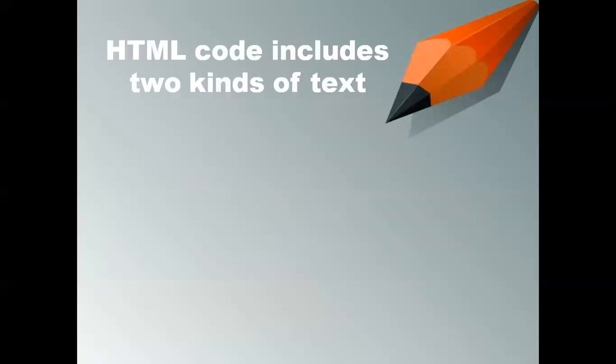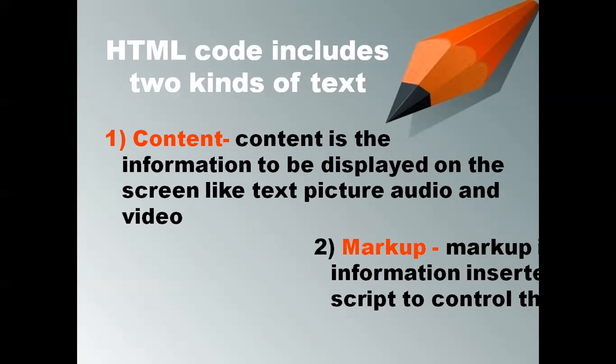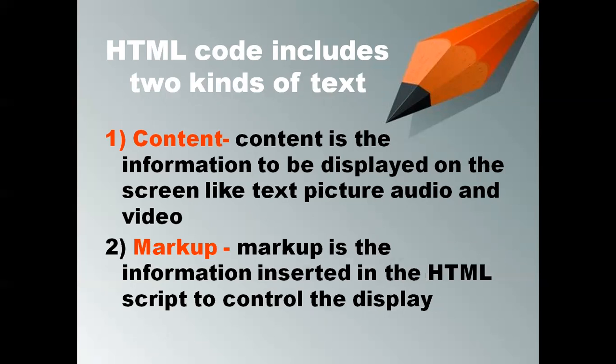Now the next point: HTML code includes two kinds of text. The first is content. Content is the information to be displayed on the screen, like text, pictures, audio, and video. The second is markup. Markup is the information inserted in the HTML script to control the display.